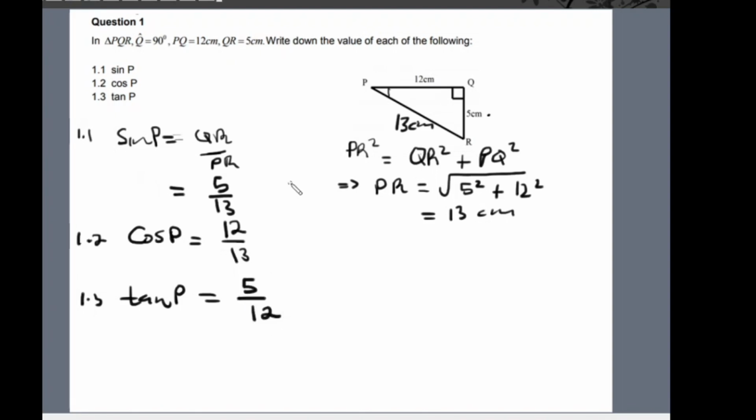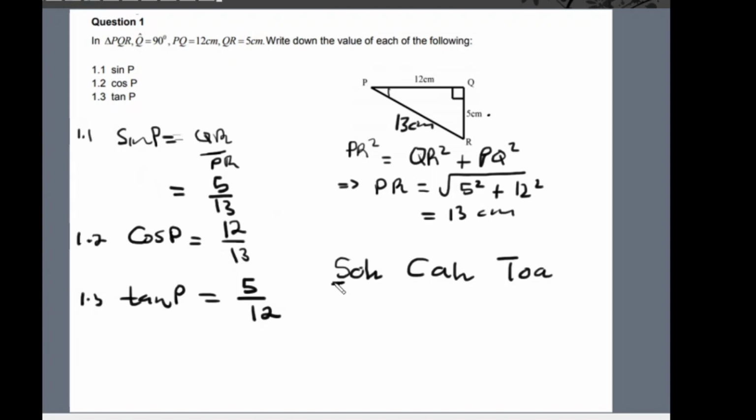Right, so yeah, that is question 1. It is straightforward. So if you don't understand, please revise your trigonometric ratios, right? To remember the trigonometric ratios well you can use this abbreviation, SOHCAHTOA. Right?